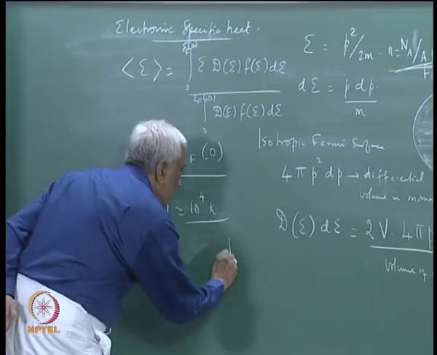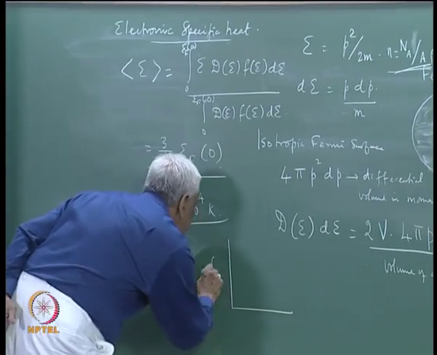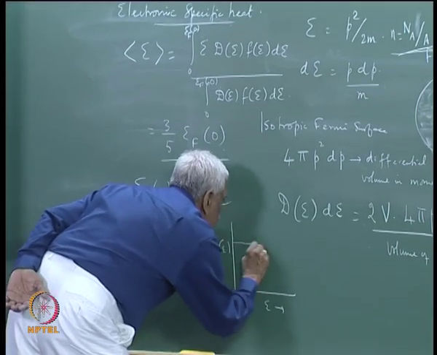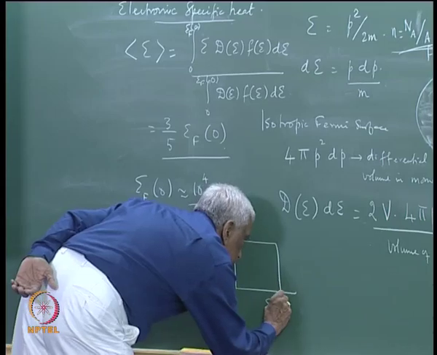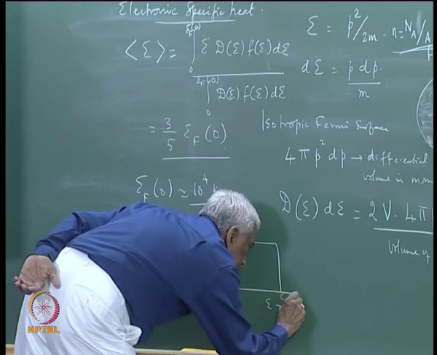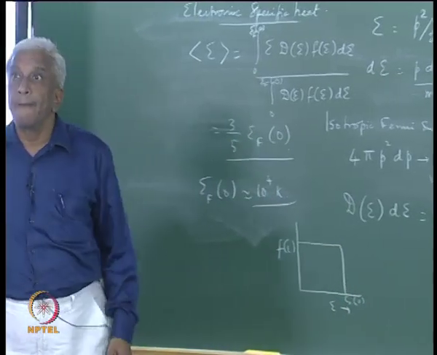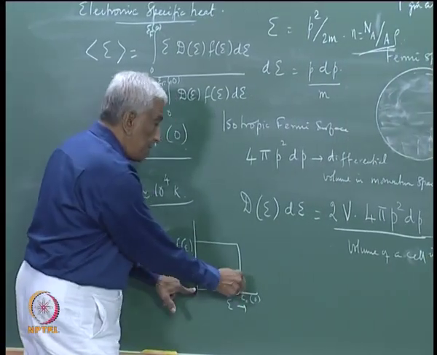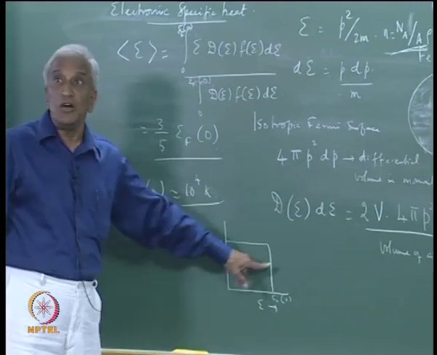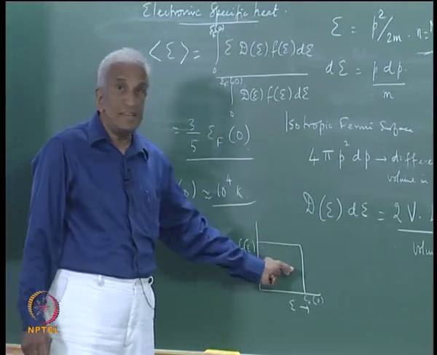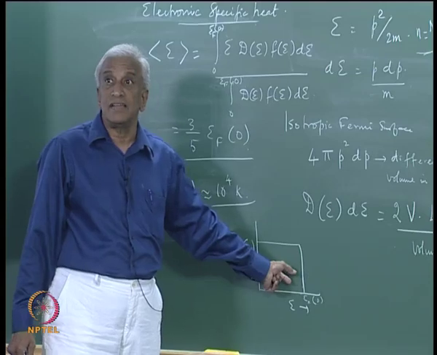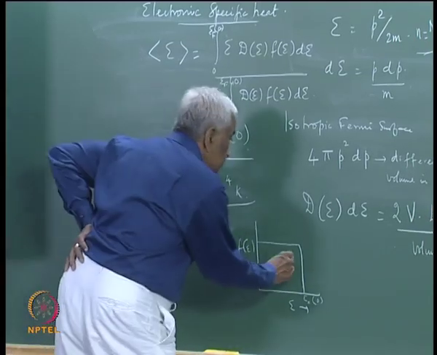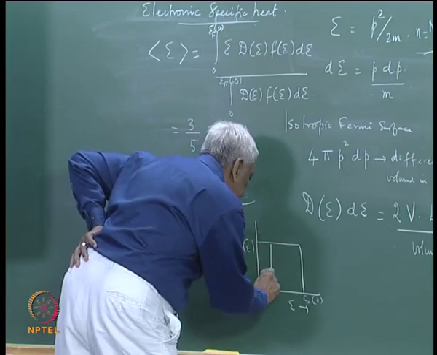If you go back to the energy distribution, this is EF at 0. This in temperature units is of the order of 10,000 Kelvin, but our thermal energy excitation is only of the order of 100 Kelvin. So, it is a small temperature window.